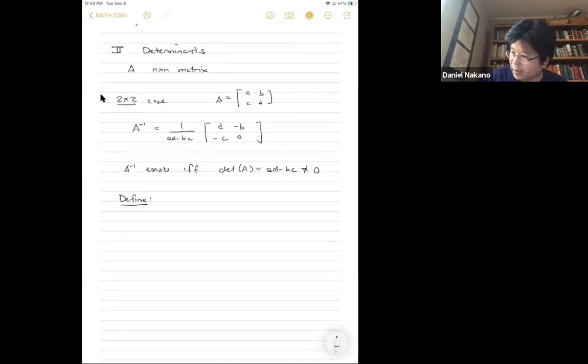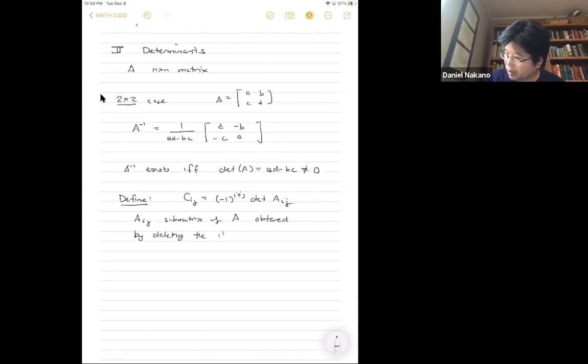You can define the cofactor Cij to be equal to (-1)^(i+j) times the determinant of Aij, where Aij is the submatrix of A obtained by deleting the ith row and jth column.